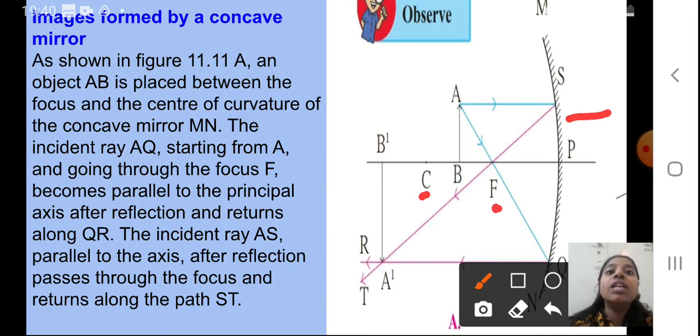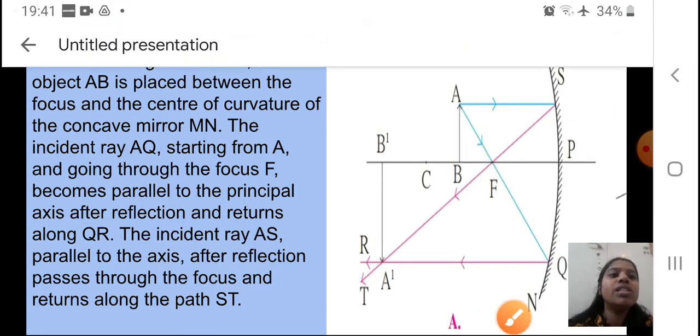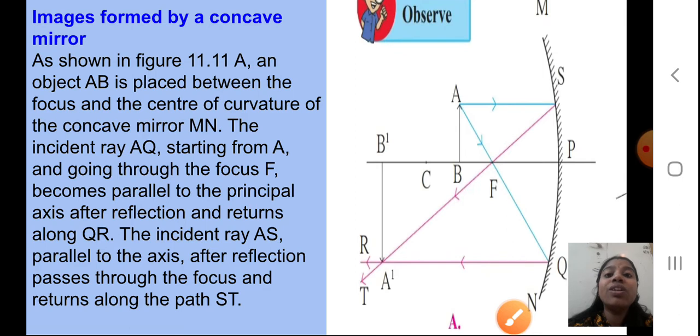The incident ray AQ, starting from A and going through the focus F, falls on the mirror at point Q. After reflection it becomes parallel to the principal axis and returns along QR. You can see QR shown in pink color.